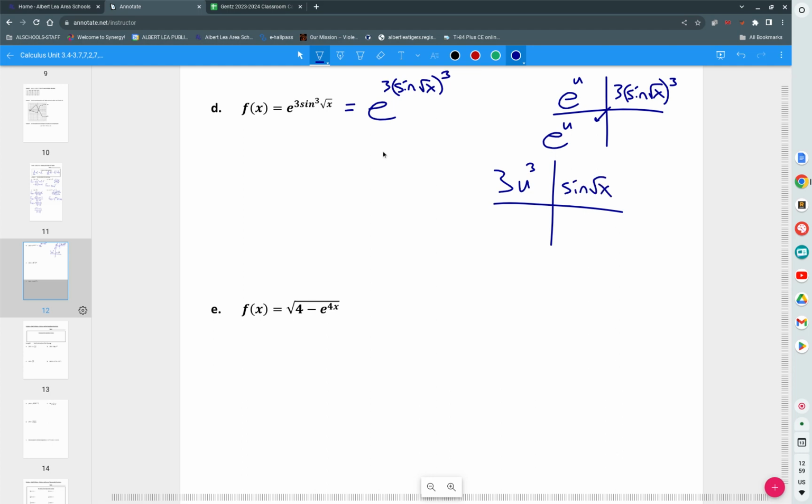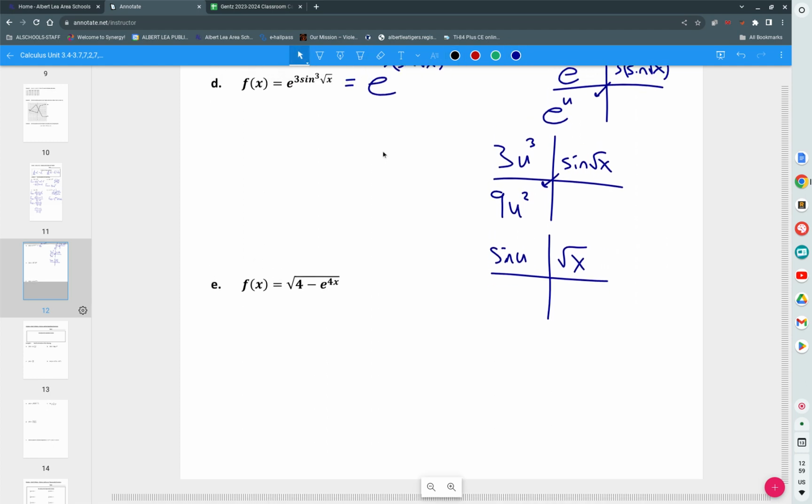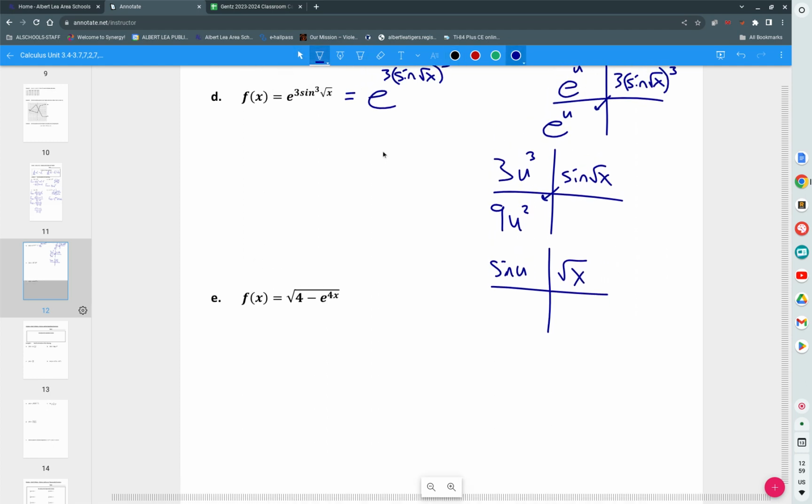Sine of the root of x. It'd be 9u squared. How do I find the derivative of sine of the root of x? Another chain rule. So I have sine of u, I have the root of x, derivative of the root of x. Yeah, 1 over 2 roots of x.